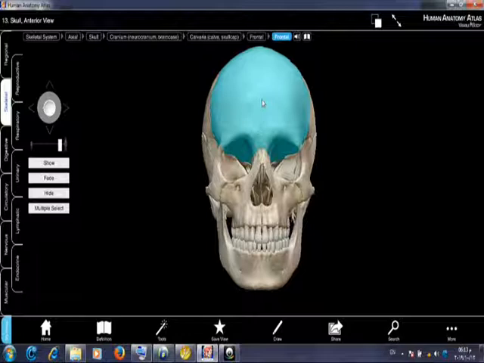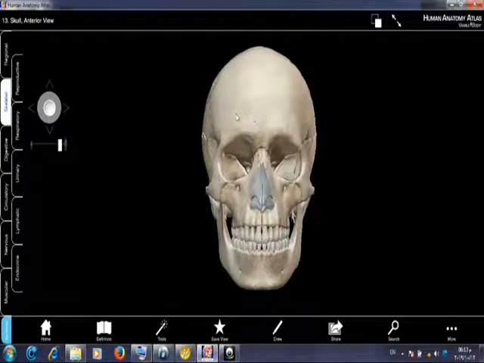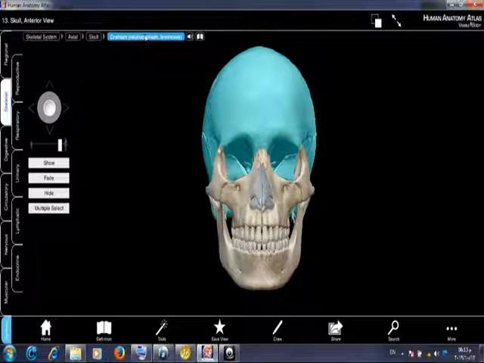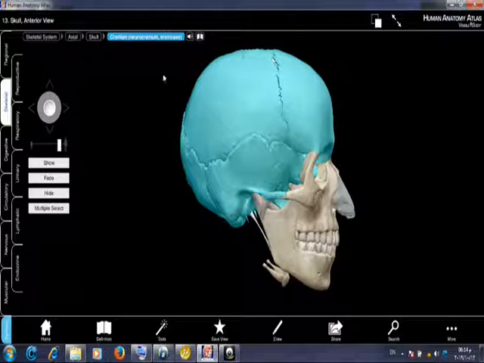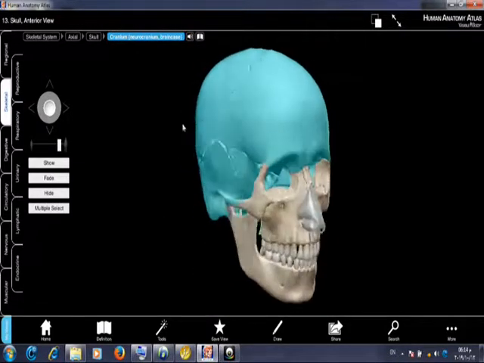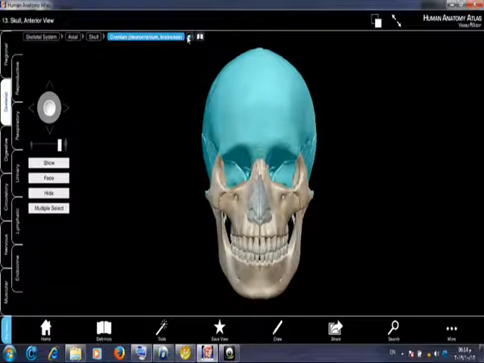Now I want to explain something. What is the meaning of the skull, or what is the meaning of the cranium? This is very, very useful. All these bones that are found on the brain and protect the brain are called the cranium.